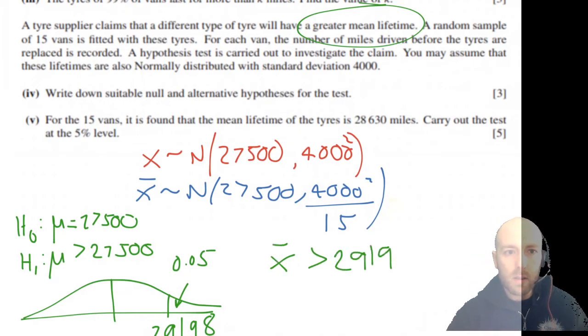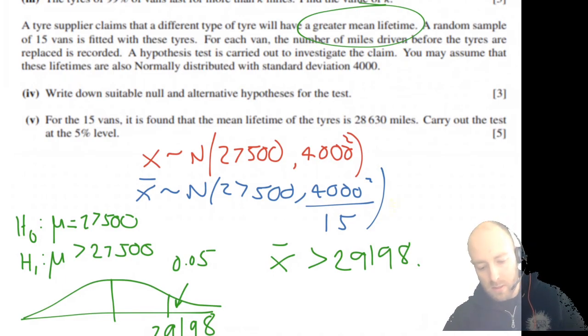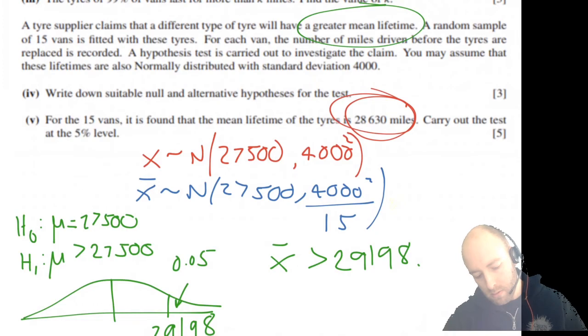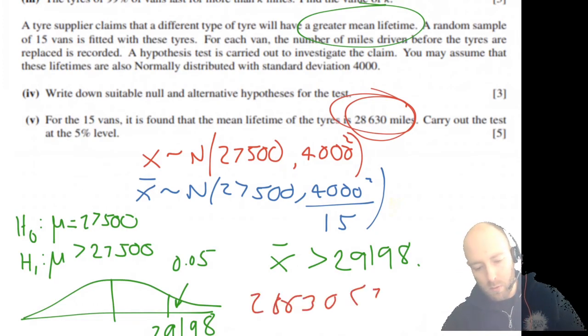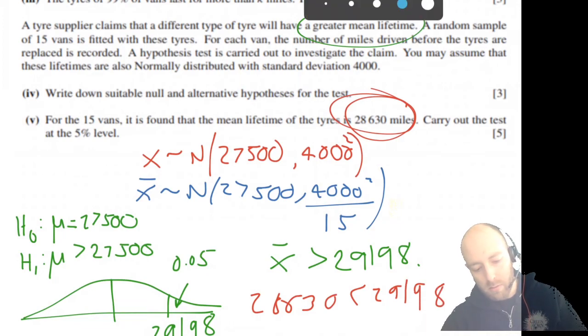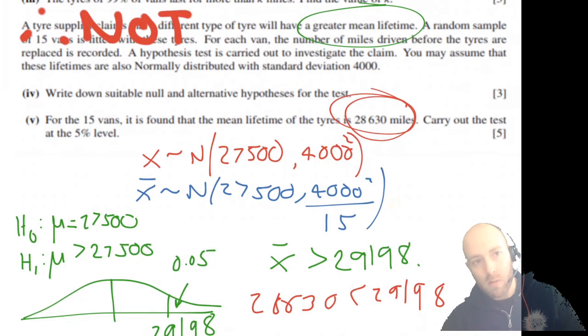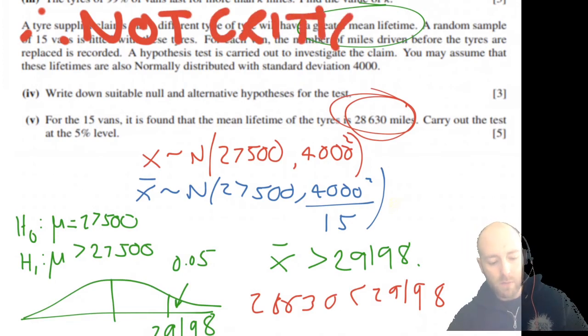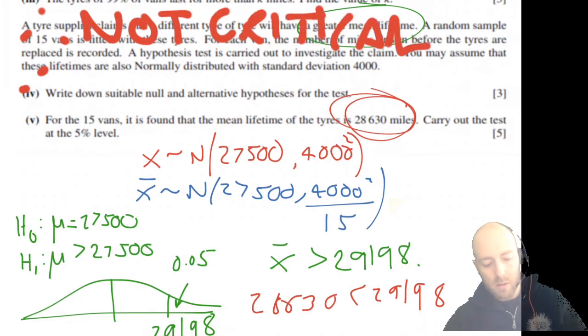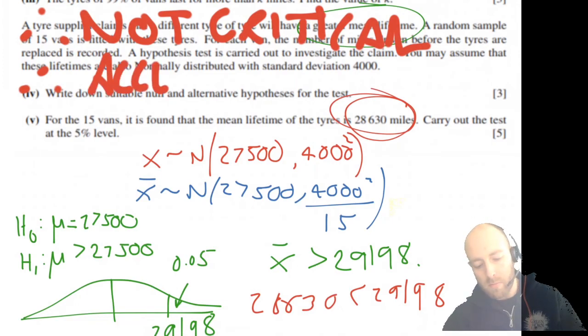Our test statistic was 28630. So 28630 here is less than 29198. So therefore, not critical. Therefore, accept H0, reject H1.